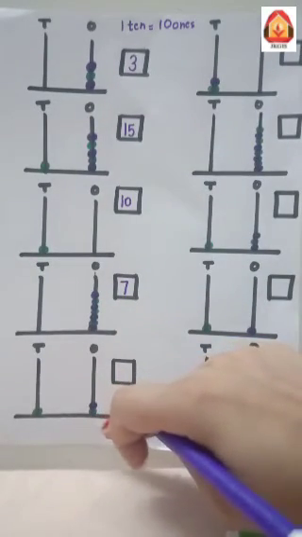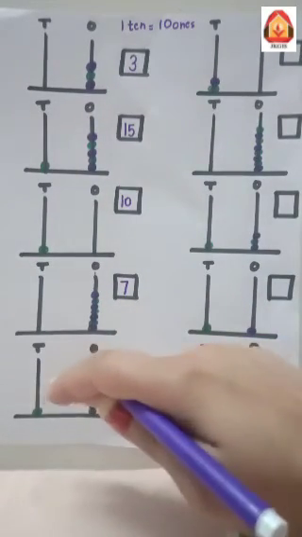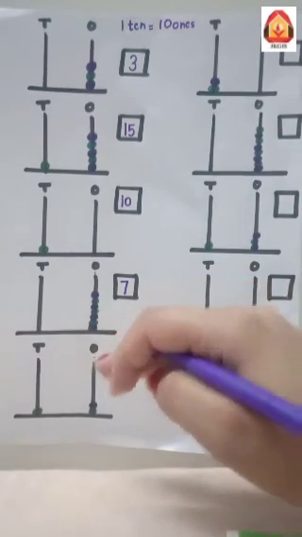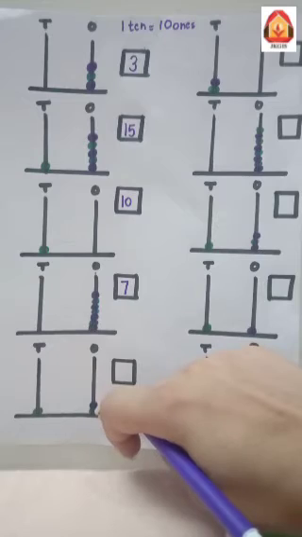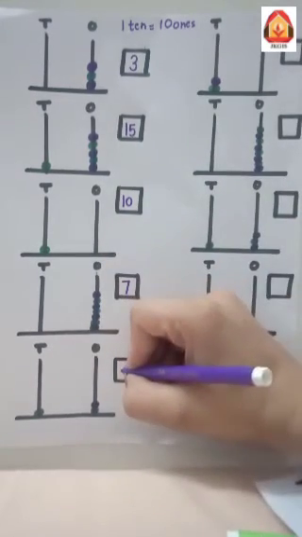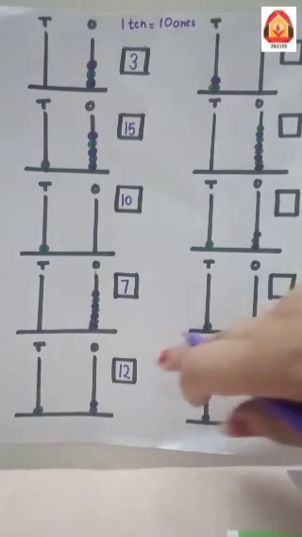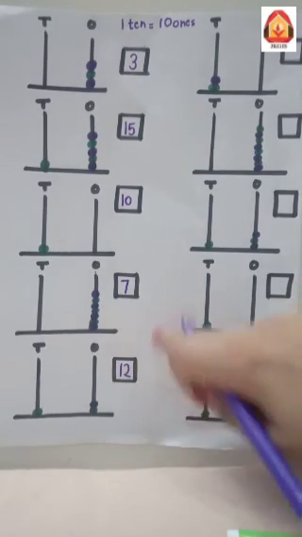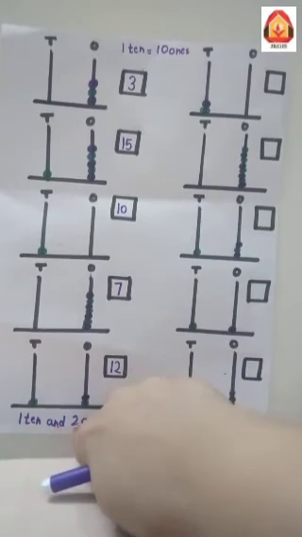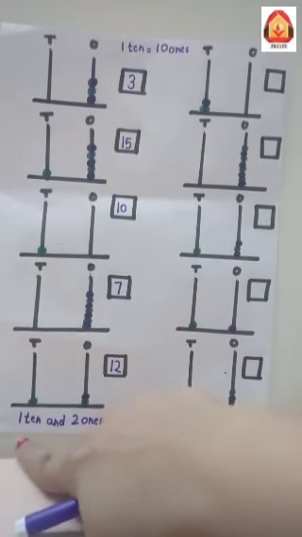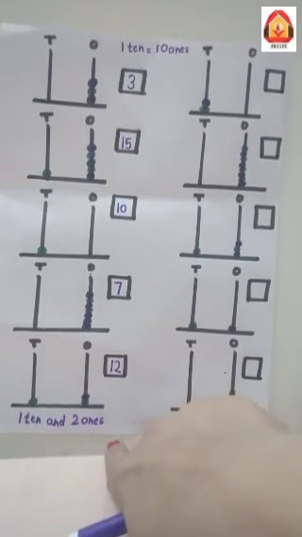And next in ones place we have 2 beads and in tens place we have 1 bead. So 1 ten and 2 ones is equal to 12. Okay, 1 2, 12. So kids, we can write this 12 like 1 ten and 2 ones.